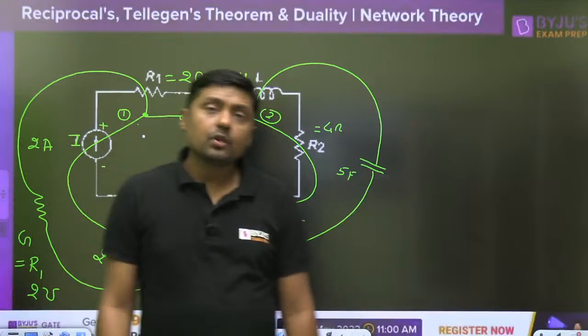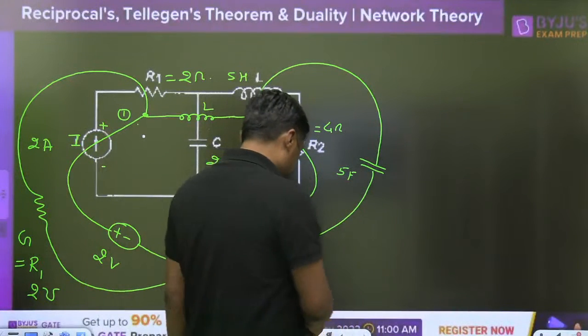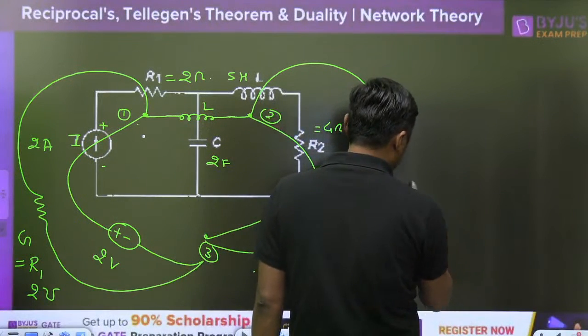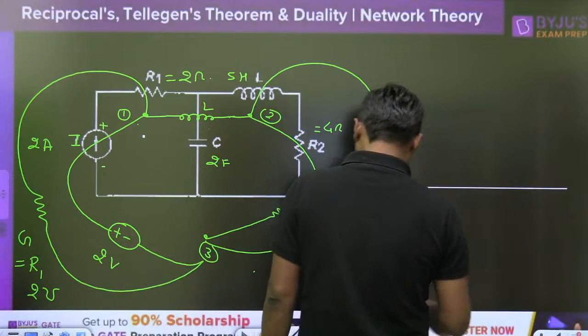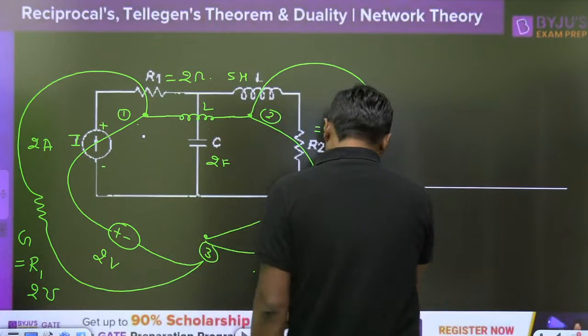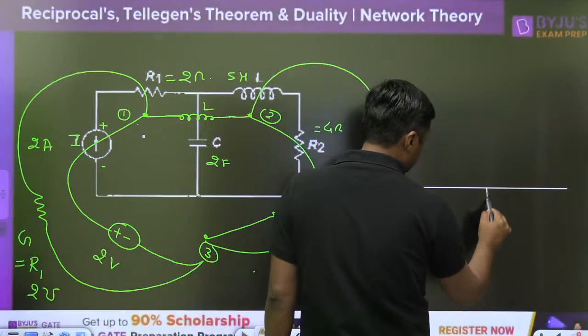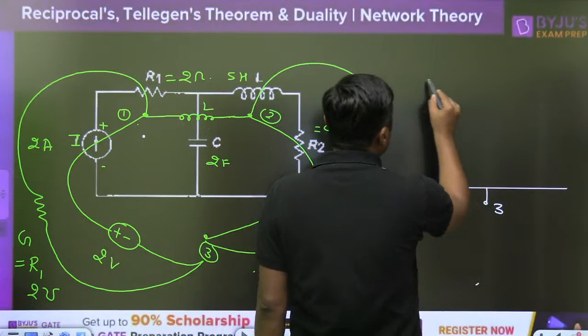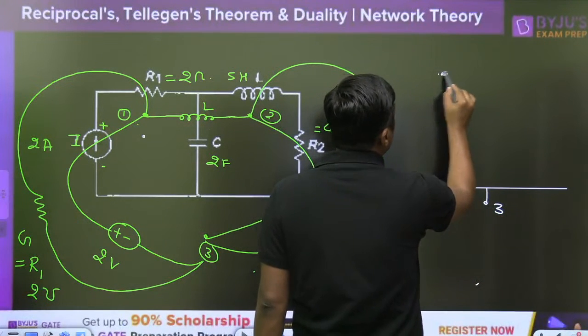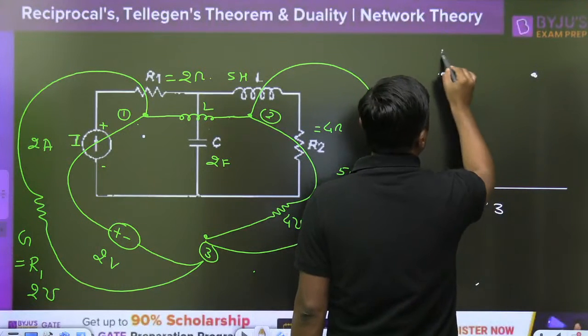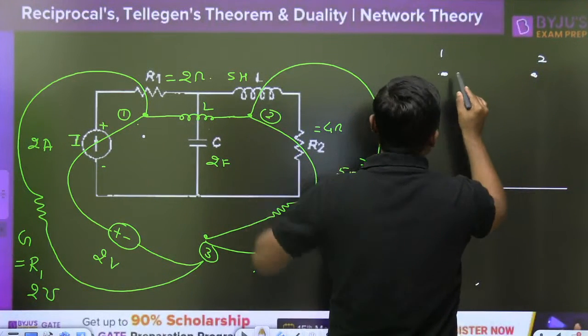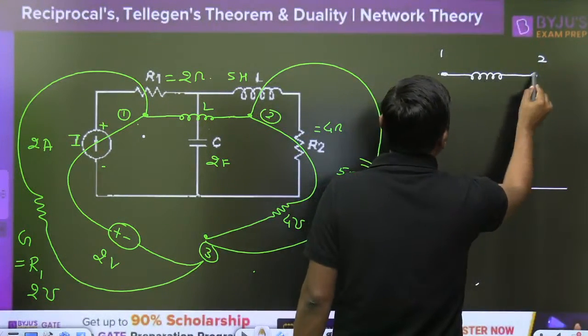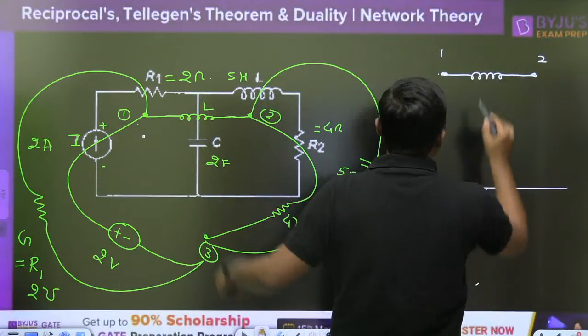This is clear? Now you can draw the diagram here. That is the reference node 3. This is 1. This is 2. Between 1 and 2 there is an inductor. The value of the inductor is 2 Henry.